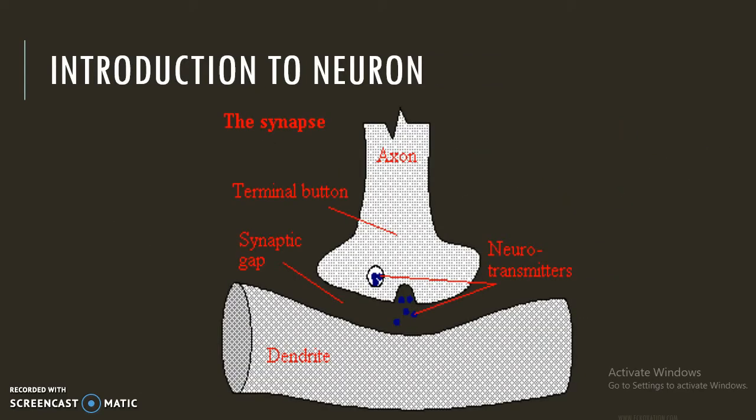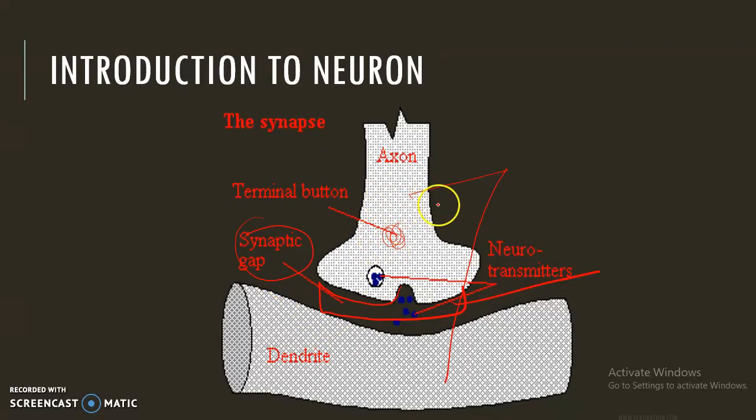When ionic changes happen from the axon to the dendrite, there is basically one synaptic gap. This gap from there to here is called the synaptic gap, as mentioned clearly here. This is the synaptic gap, and this is the terminal button, as mentioned in the previous images.